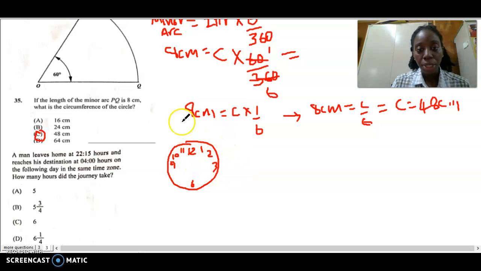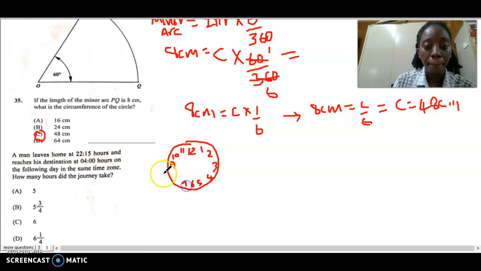Now, I'm just going to take into consideration those aspects that I will be using in order to answer this question. All right, so we have the 12-hour clock represented here. Now, 22 hours and 15 minutes would be shorthand here at 10 and longhand here.